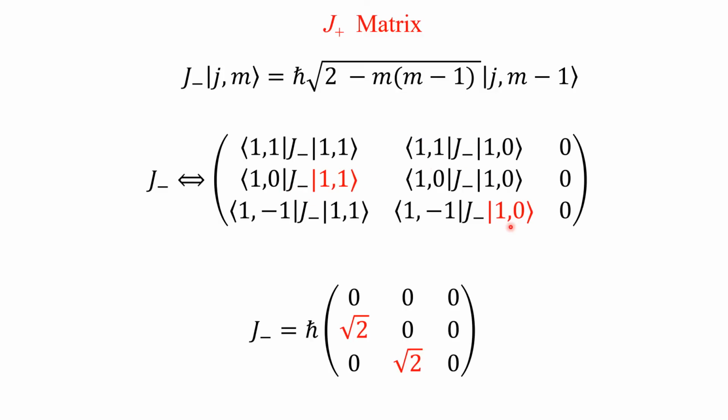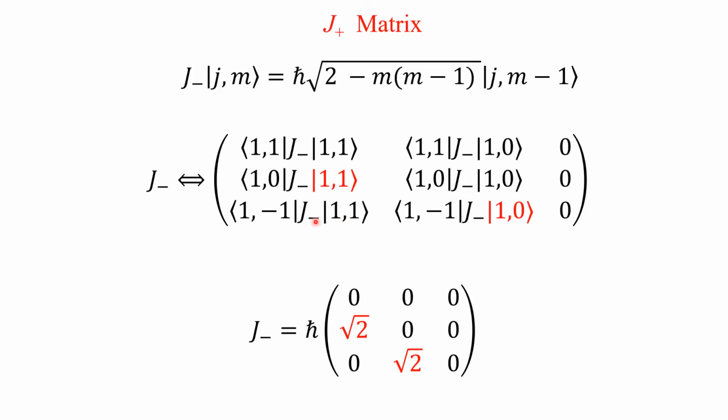Then this one, when j is equal to j minus arctan m, so this will become minus 1. So here 1 0, here 1 minus 1. So this also will go to 0 due to orthonormal property.